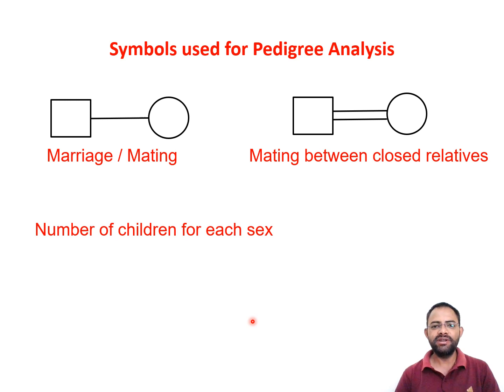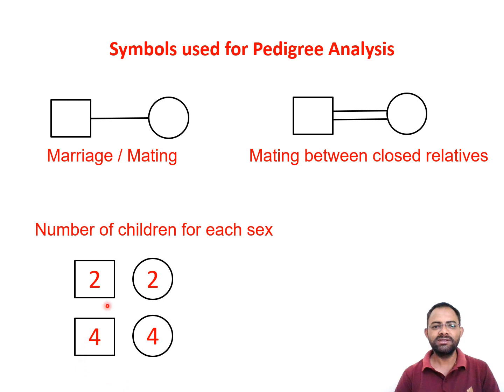The number of children for each sex is represented by the numbers within the circles and the squares. Here, the square containing the number two means two male children, whereas the circle having the number two represents two female children, and likewise four male children and four female children.